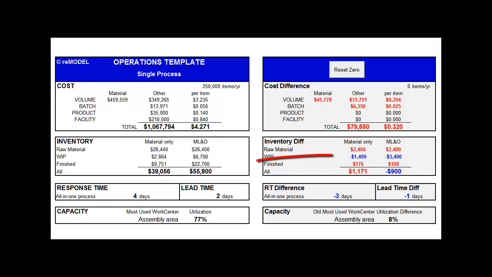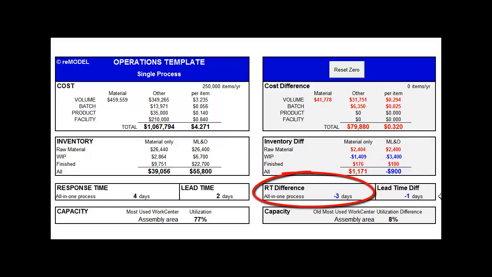For finished goods stock, there are a couple of conflicting effects. First, the smaller batch means that the average quantity held is less. However, the value of the material held increases because of the extra amount wasted. The result is no real change. Overall, as we've said before, it's debatable whether inventory went up or down depending whether you look at the material only value or the fully burdened value.